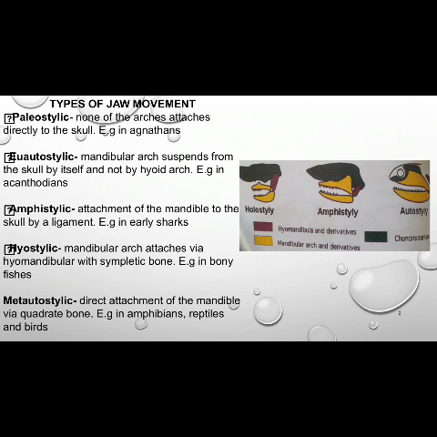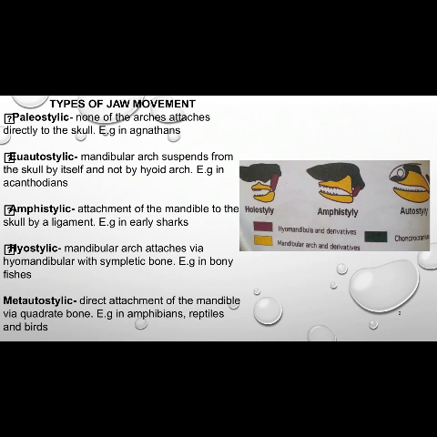Some mammals have metautostylic jaws. You have direct attachment of the mandible via the quadrate bone. You find that also in amphibians, reptiles, and birds.